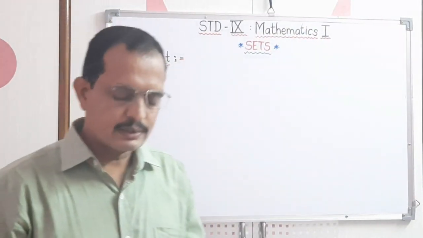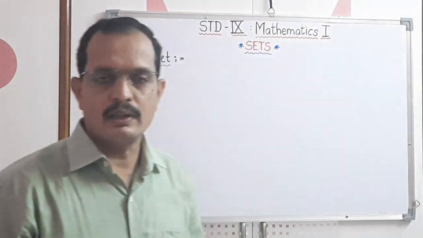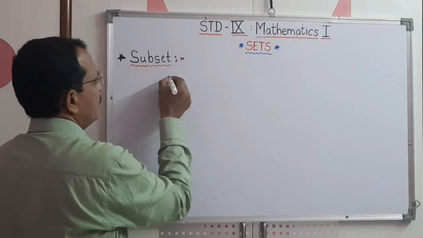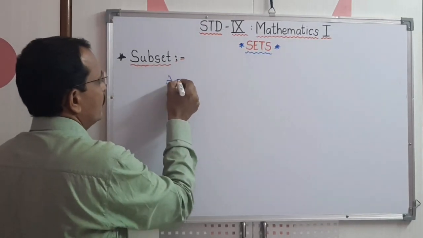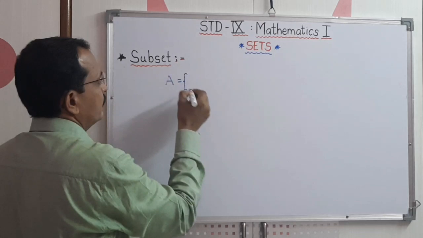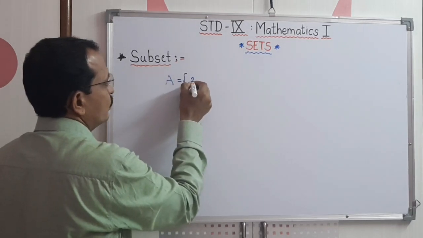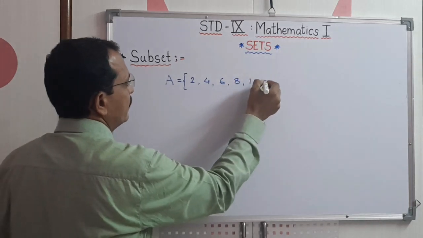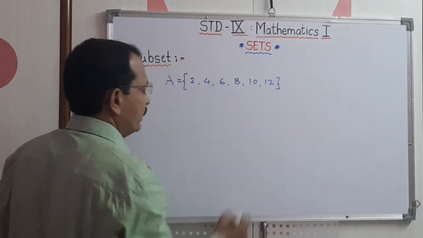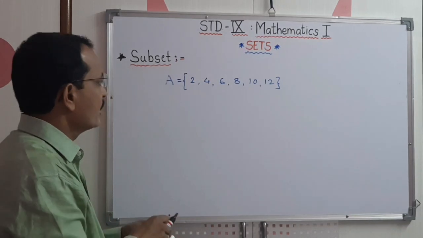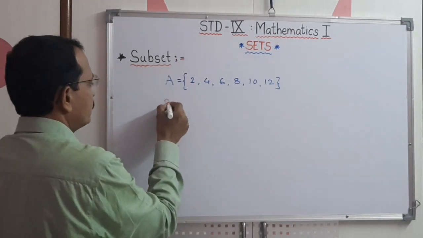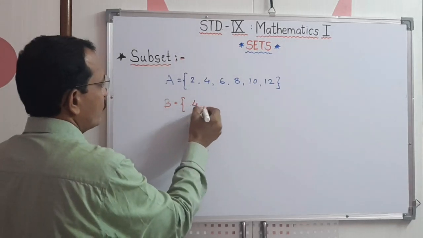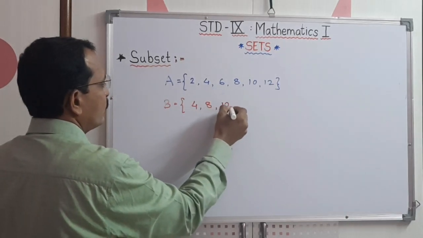Now let's learn what a subset relationship is. For that purpose, see that set A is given. This set has the elements 2, 4, 6, 8, 10, 12, and here I take another set B. This set contains 4, 8 and 12.